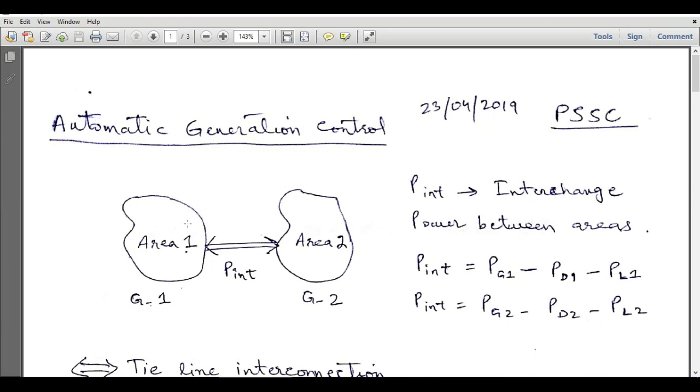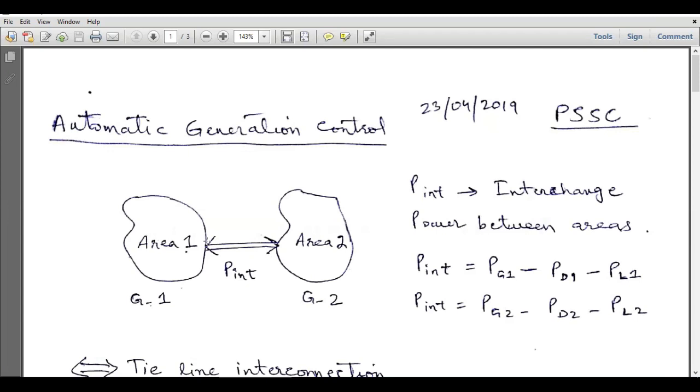So in AGC, we have an interconnected network of a power system, and in that interconnected system, you can observe two areas. This is area one, and this area has its own generation, its own load, and its own losses. Similarly, this is area two, and this area also has its own generation, demand, and losses.